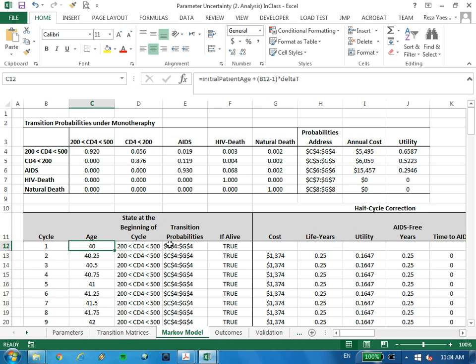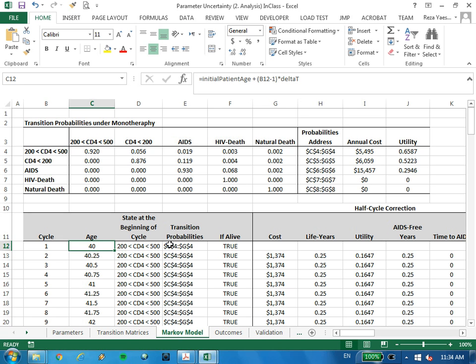So the 2 states are you're either alive or you're dead. Is that okay? Yeah, I think so, unless there are in-between states that they linger in before they die. But there's no information on that.